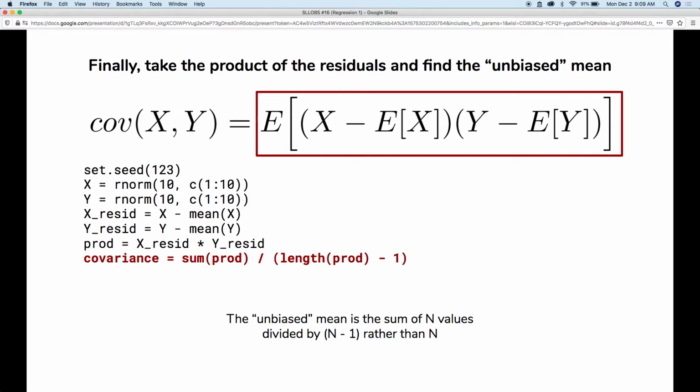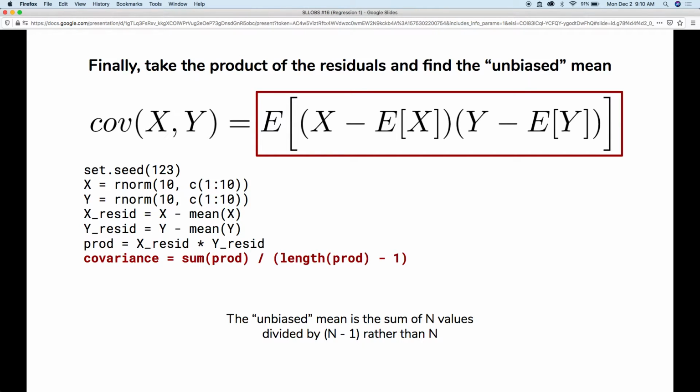Without getting into the weeds too much, when you take the unbiased mean of a series of values, you don't take the sum and divide by the number of values. You actually take the sum and divide by the number of values minus 1. Now, this is what R does when it calculates covariance, which is why we're going to do it in our manual calculation. And we don't really need to get into why this is necessary, or some would argue unnecessary for this few values.